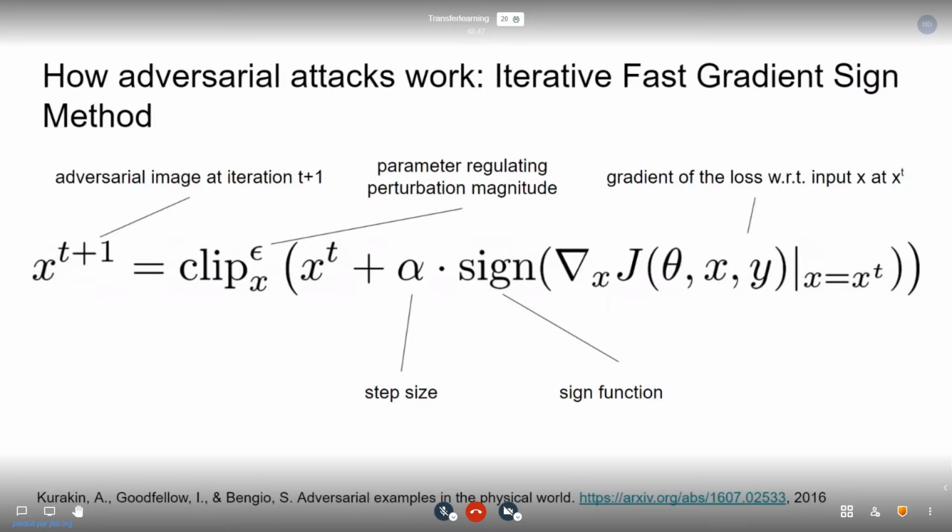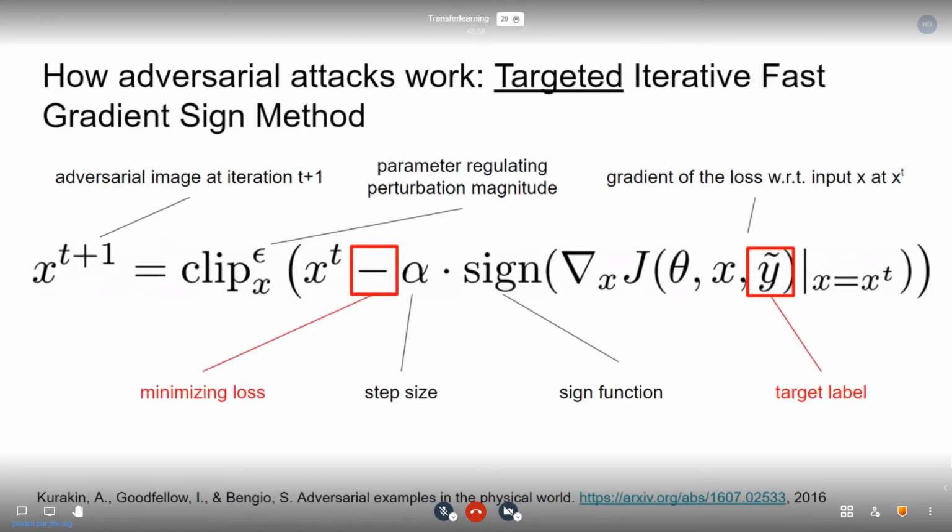And so this formulation corresponds to an untargeted iterative FGSM. And to get a targeted iterative FGSM, we need to change only two things. First of all, we need to change the direction of optimization. So instead of maximizing the loss, we want to minimize it.